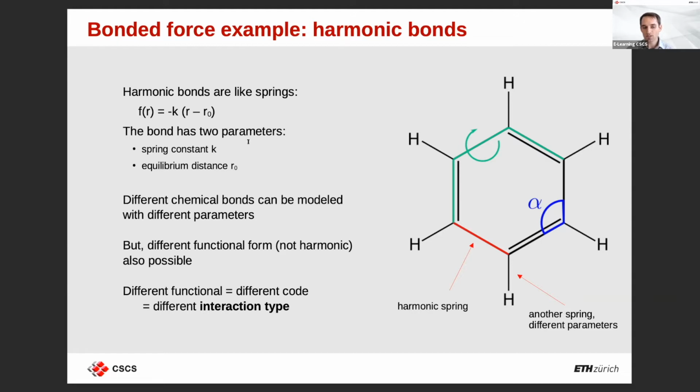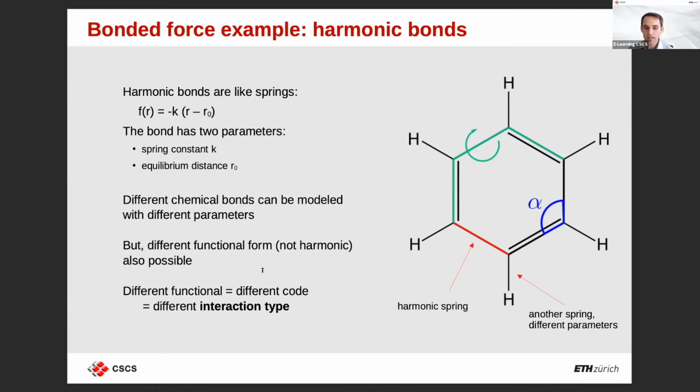There are two parameters: a spring constant and the equilibrium distance. This benzene system actually has two different kinds of bonds, the carbon-carbon bond and the carbon-hydrogen bond. You can model either of these bonds with a harmonic spring and just use different parameters.